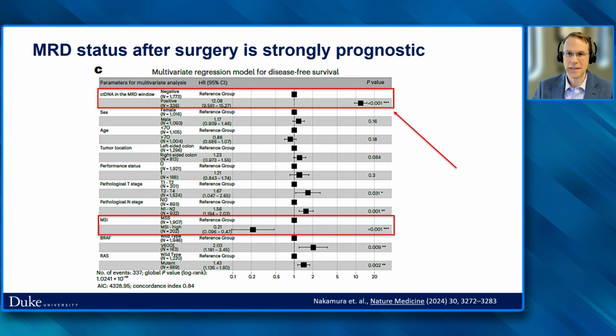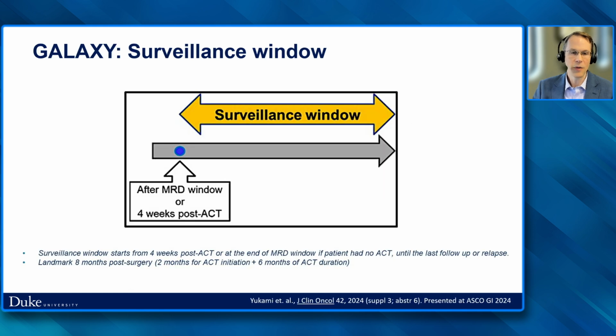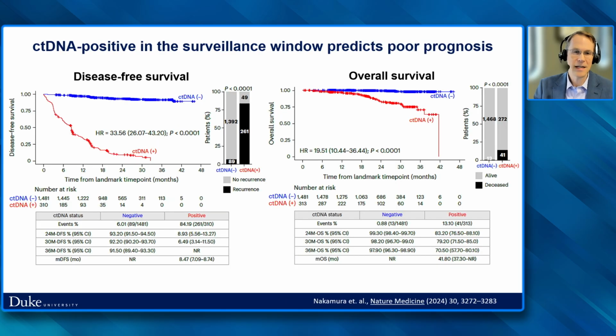So then the Galaxy study looked at the so-called surveillance window. This opens up after the MRD window closes, or 4 weeks after completion of adjuvant chemotherapy. And we can see here that the prognostic impact of this assay is even greater during the surveillance window. Now, this is during multiple time points.